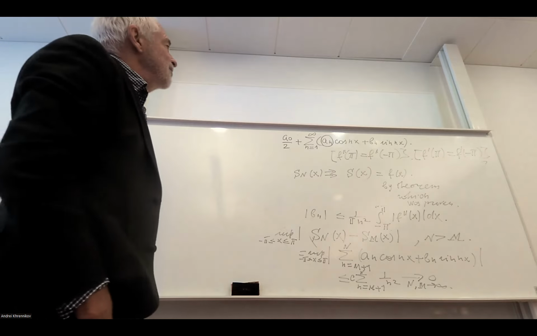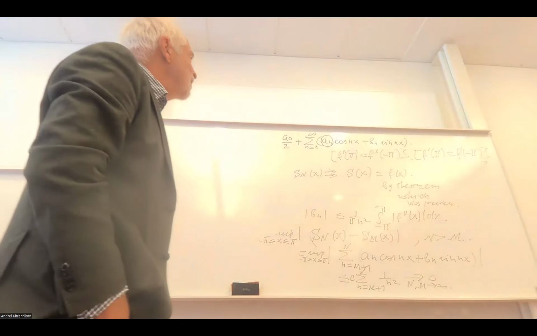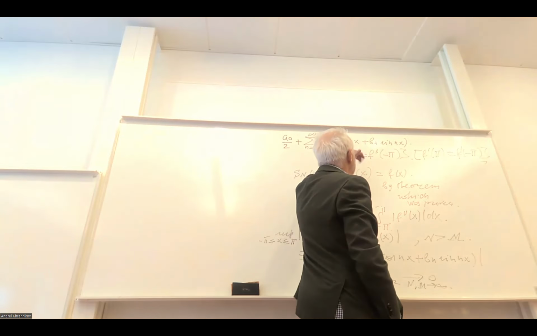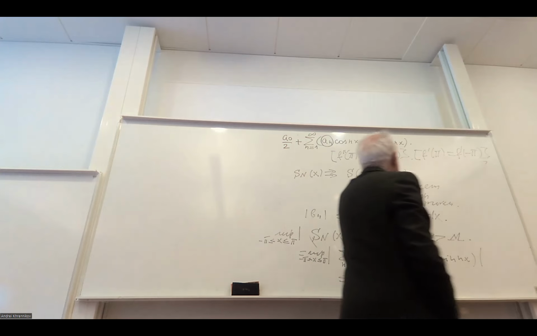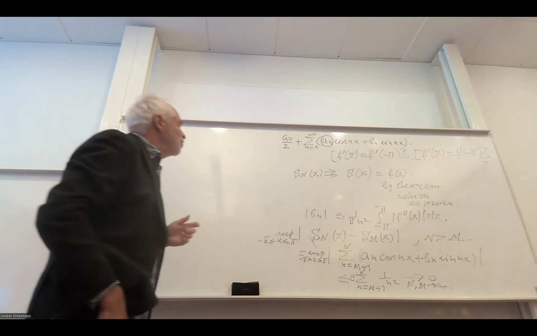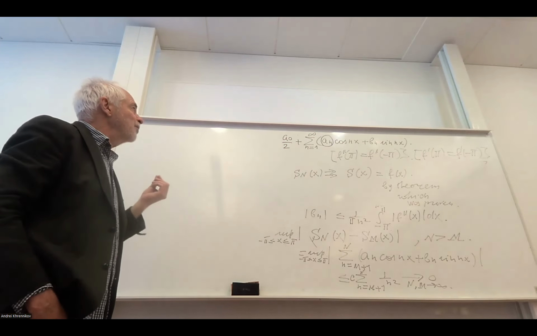For cosinus, we use periodicity only for the second derivative. What is good? The series converges uniformly.